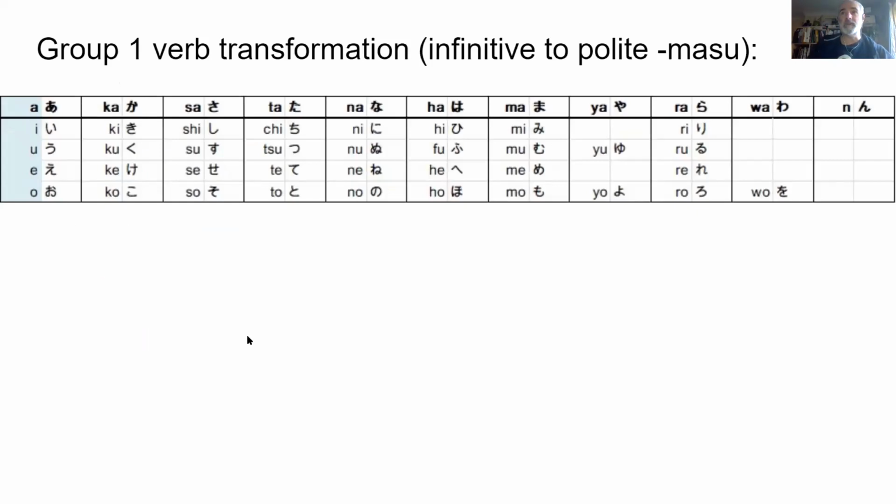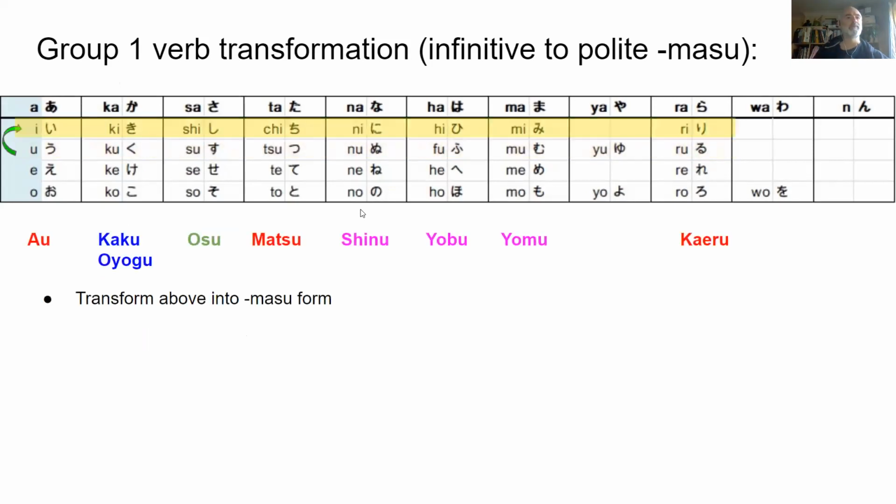Okay, so how do we turn verbs from the plain form, from the infinitive, into the masu form? The simple way, which we'll talk about for group 1 verbs, because group 1 verbs are the most tricky, is that we'll frequently refer back to this hiragana chart. This is the Japanese alphabet, and it's important to become familiar with this.